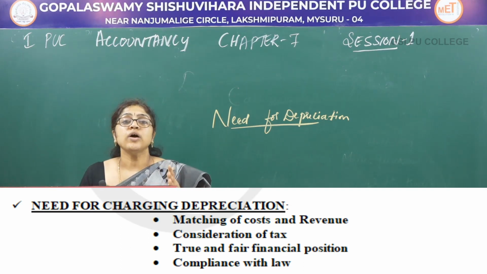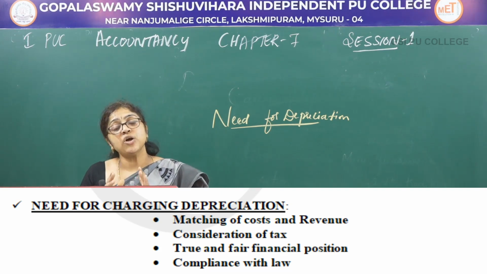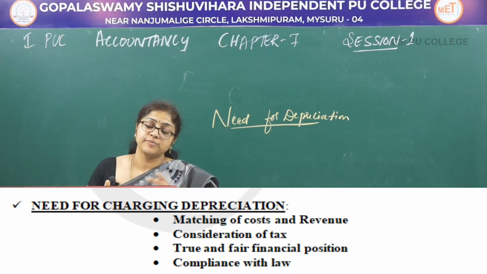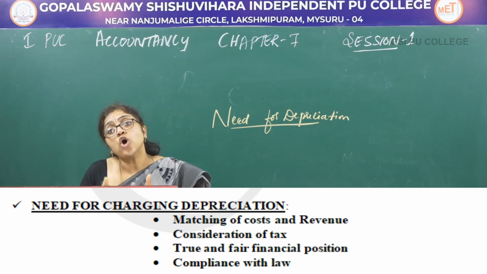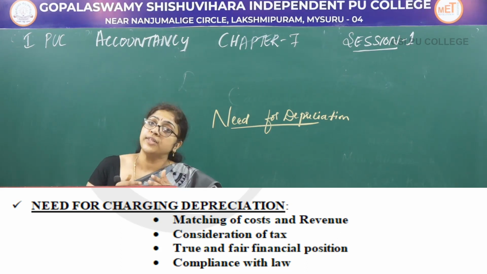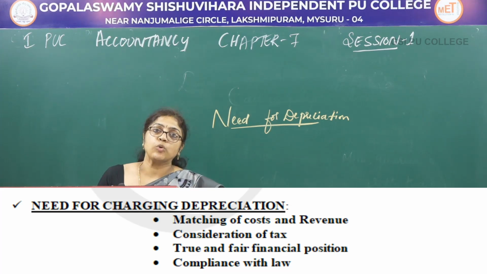Next one, true and fair financial position. If depreciation on assets is not provided for, then the assets will be overvalued. Then the balance sheet will not depict the current financial position of the business. That's why depreciation must be calculated.